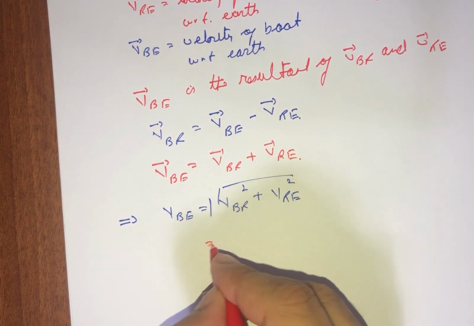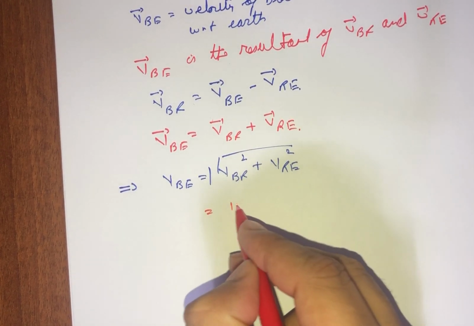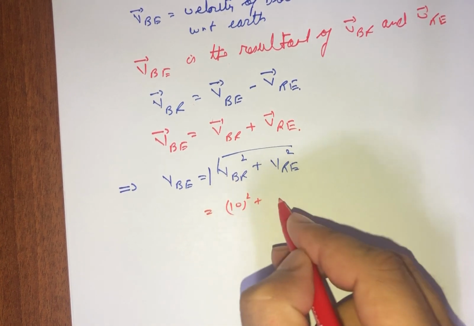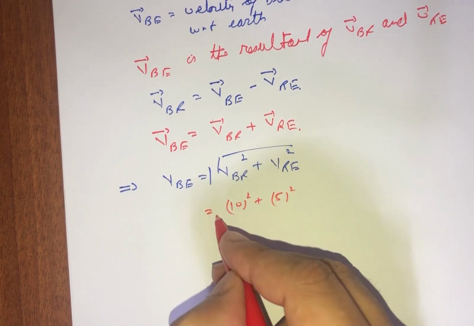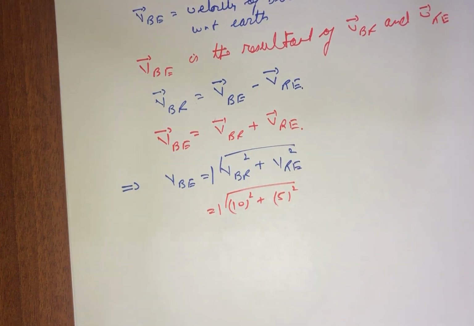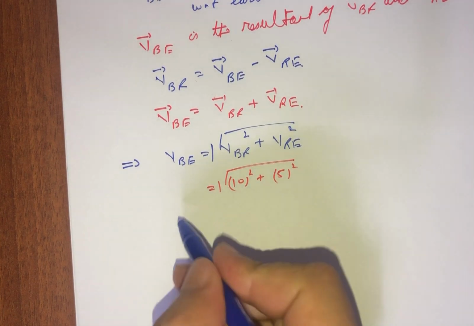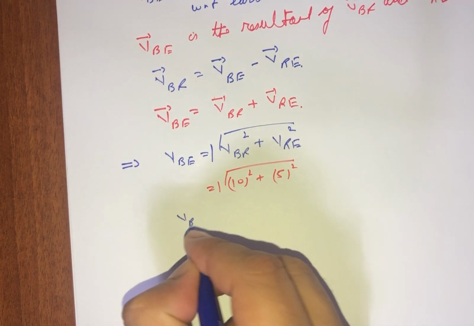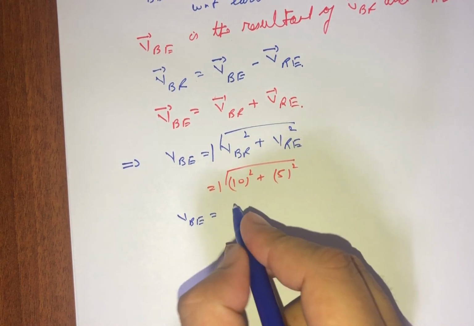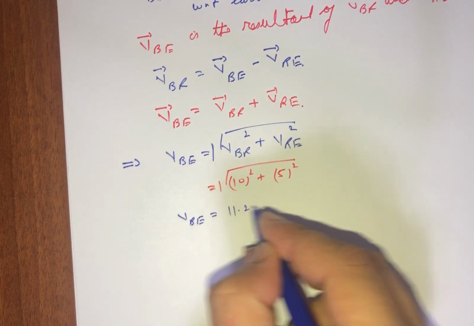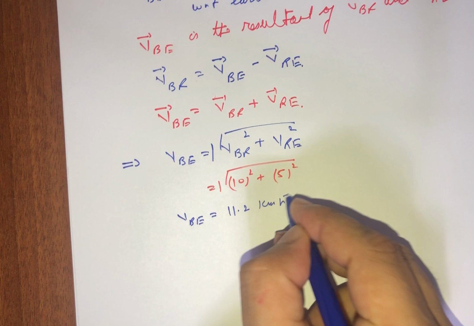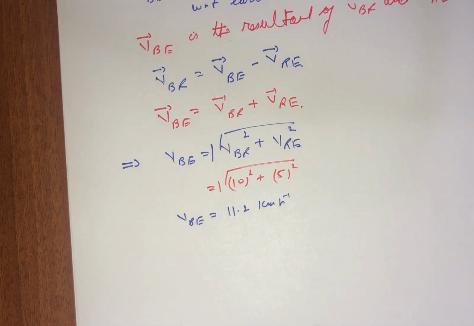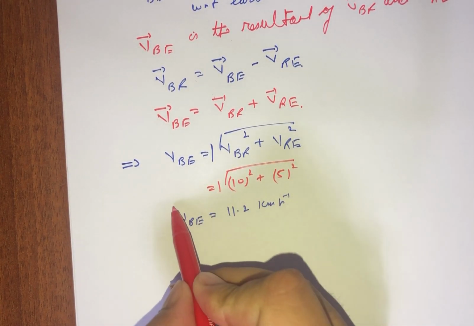They are respectively 10 and 5. So we can put the values 10 square plus 5 square and its square root. So VBE, velocity of boat with respect to earth, will be coming as 11.2 kilometer per hour. So this is our first part.